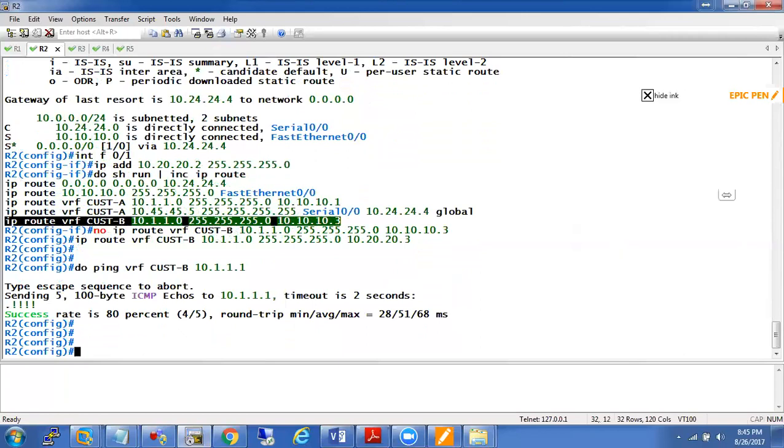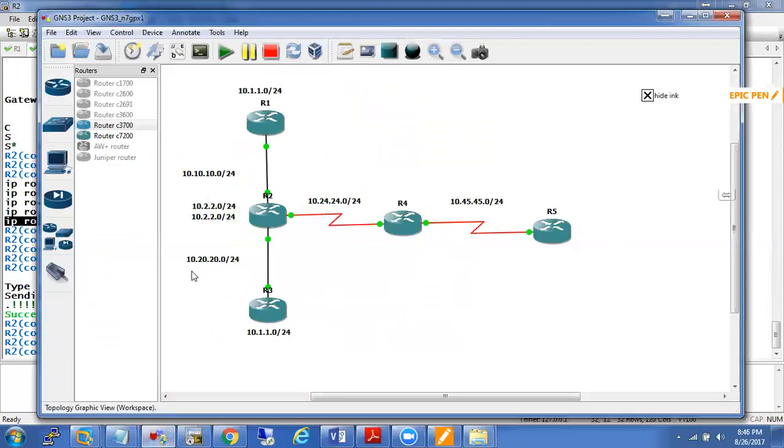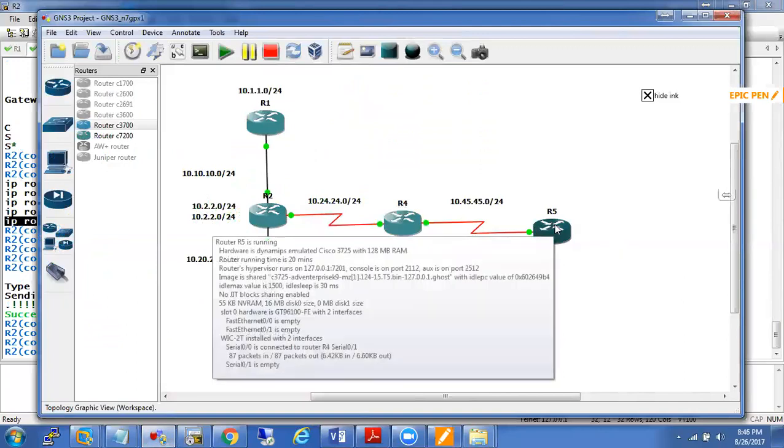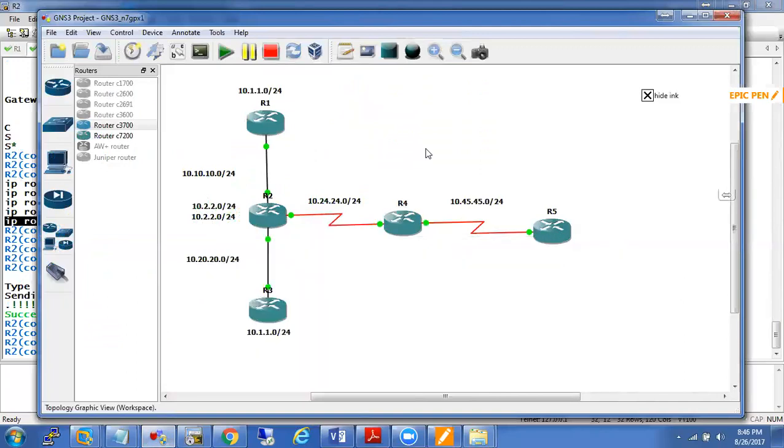There you go. All right. Now help me out, guys. I need to do the same thing over here. I want the 10.20.20 network, 10.20.20, let's say 2 and 3, to be able to reach 10.45.45.0. How would I do it? Help me out one step at a time, guys. What's the first thing that I would do?